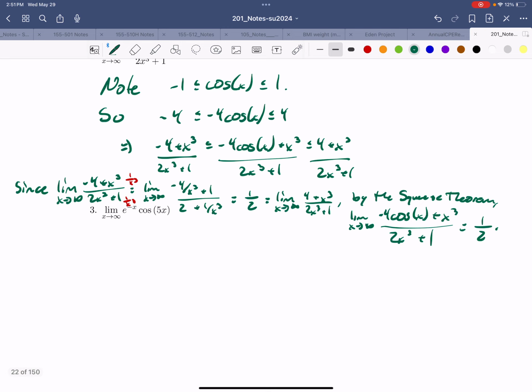Okay? And then last but not least, we've got this guy. So in this case, same thing. Just note that cosine of 5x is between -1 and 1. So you can multiply by e to the negative x. I think it's probably easier just to divide by e to the x, to be honest.